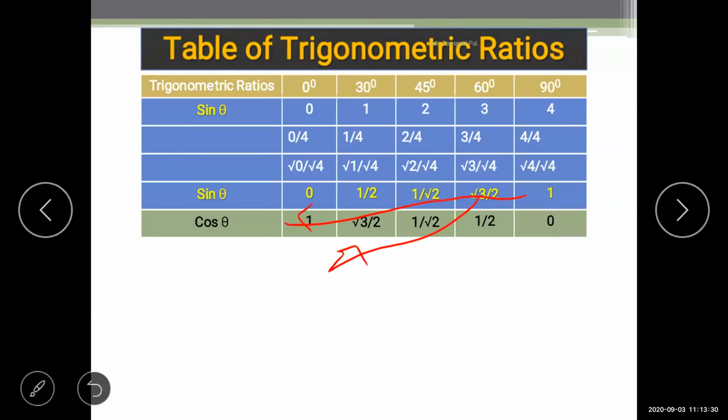Correct? 1 upon root 2 will be same here. Then this will come here and this will come here. Is it clear? When we reverse the sine theta, means from 90 to 0, we'll get cos theta from 0 to 90. Is it clear? Tell me. If you understood, then I will proceed next. Okay, very good.